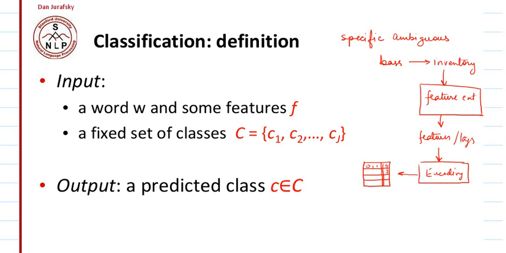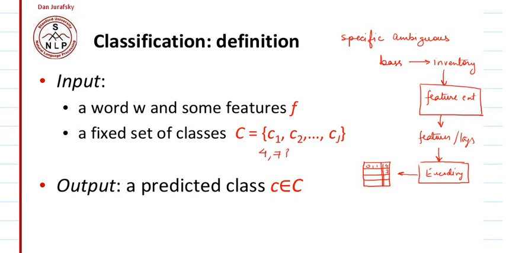This could be done for different words. We are doing this for a particular single word only, and we need to do this for the different ambiguous or polysemous words that are present in the corpus. So we require a fixed set of classes. That means this bass has the senses that we had taken in the earlier example, 4 and 7.